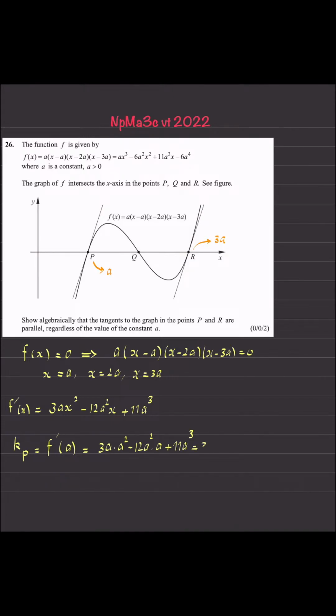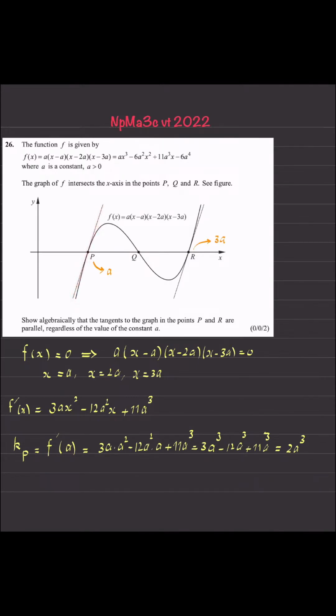And this becomes 3a cubed minus 12a cubed and then plus 11a cubed. Yes, so if you calculate this, 3 minus 12 is minus 9, plus 11 is 2a cubed. So this is the slope of the left hand side tangent line.